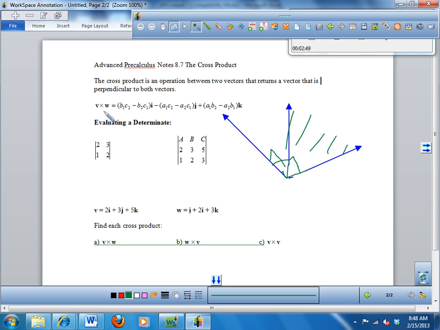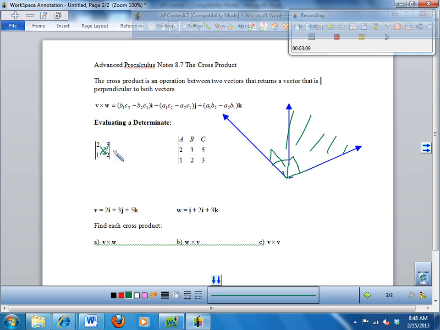But anyway, to determine what V cross W is, which is a vector, you would do this determinant. The way you do a simple determinant is multiplying that times that and that times that.